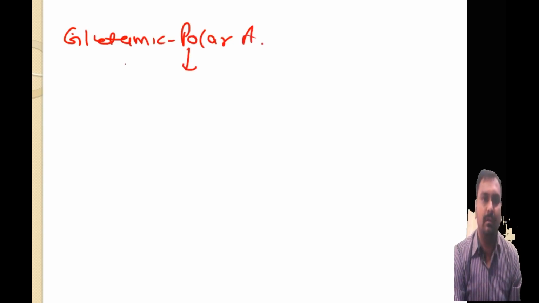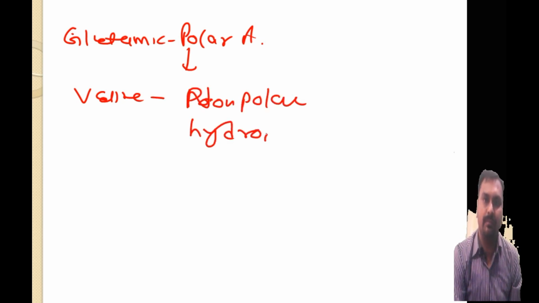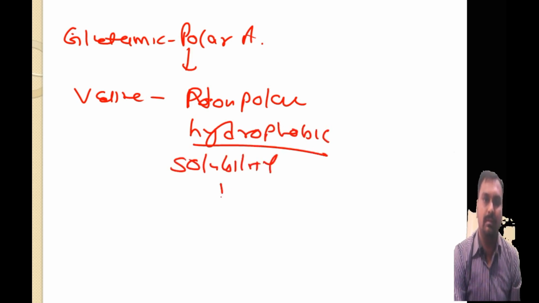As you know, glutamic acid is a polar amino acid, but when it is replaced by valine, which is non-polar and hydrophobic, the solubility is decreased.